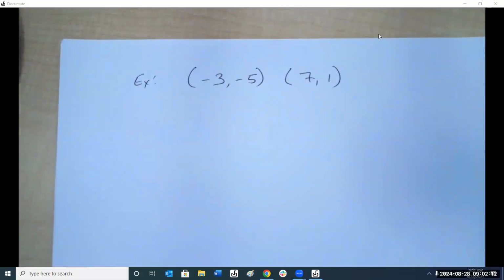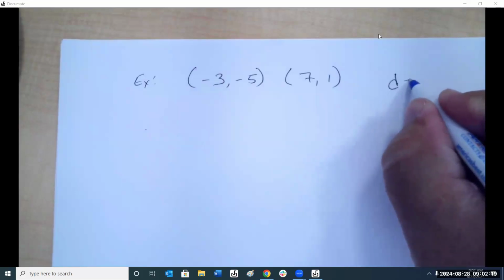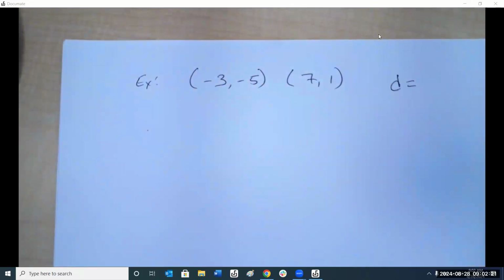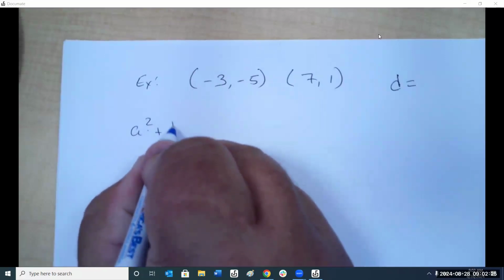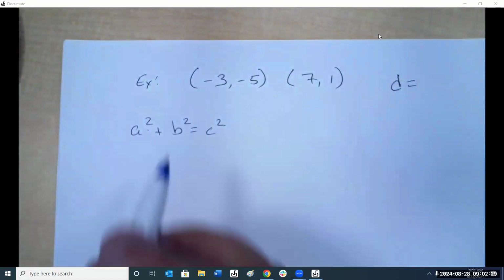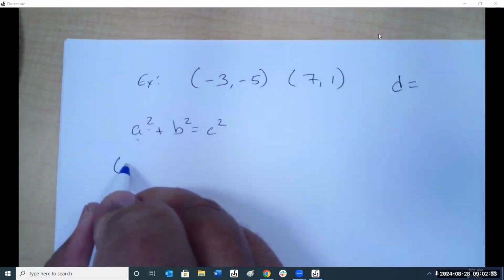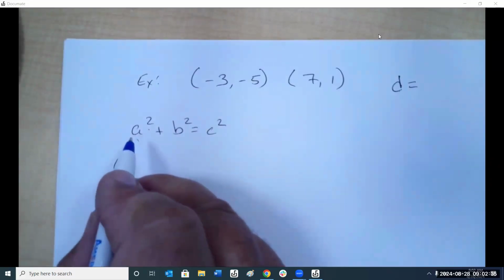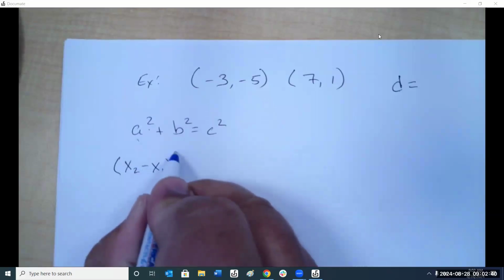Hold on, I never gave you the actual formula. I'm sorry, my bad. We know that since we're looking for the distance, we're using a squared plus b squared equals c squared. A squared was the horizontal distance, so we have x2 minus x1 squared.